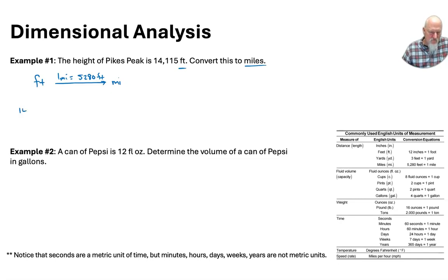So 14,115 feet times 1 mile per 5,280 feet. So that's 14,115 divided by 5,280.